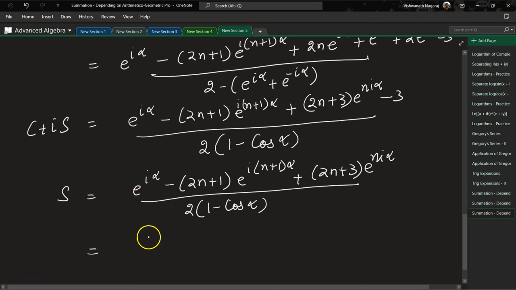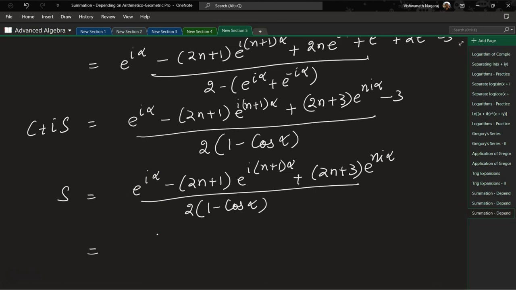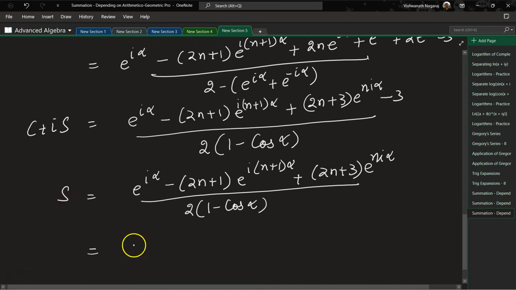So e to the power of i alpha can be written as cos alpha plus i sin alpha. But we are interested only in the sine series. So sine alpha minus (2n plus 1) e to the power of i(n plus 1)alpha. So this would be cos(n plus 1)alpha plus i sin(n plus 1)alpha.